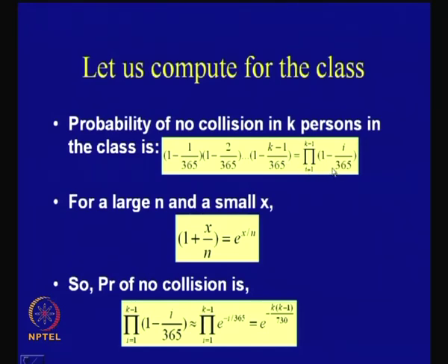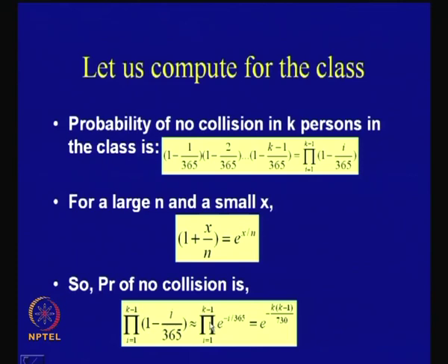Now for a large n and a small x, we have the approximation 1 plus x by n is approximately e to the power of x by n. So if I use this approximation, the product of 1 minus i by 365 can be approximated by substituting each term with e to the power of minus i divided by 365.